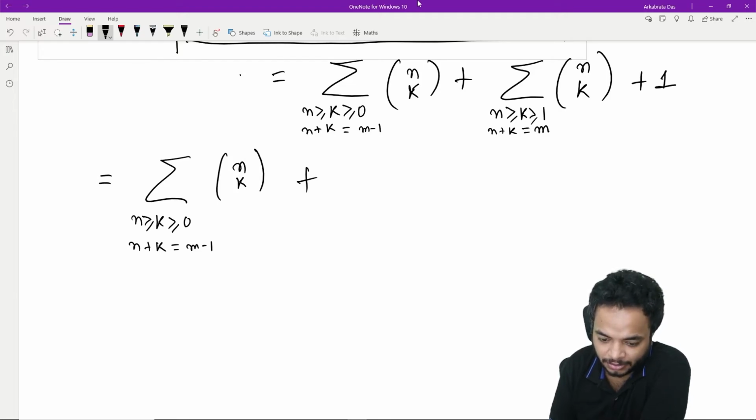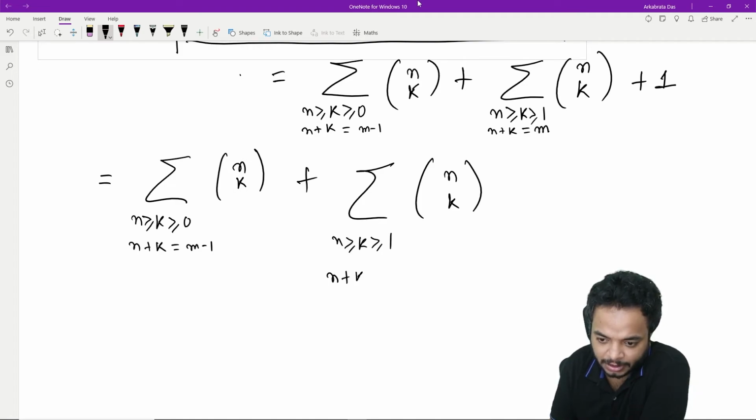So summation n choose k, n greater than or equal to k greater than or equal to 0 now, and n plus k is equal to m. Okay, so then I think this is the form we want.